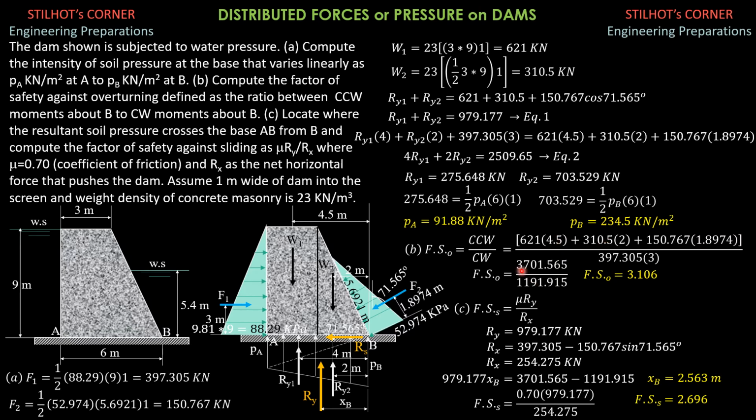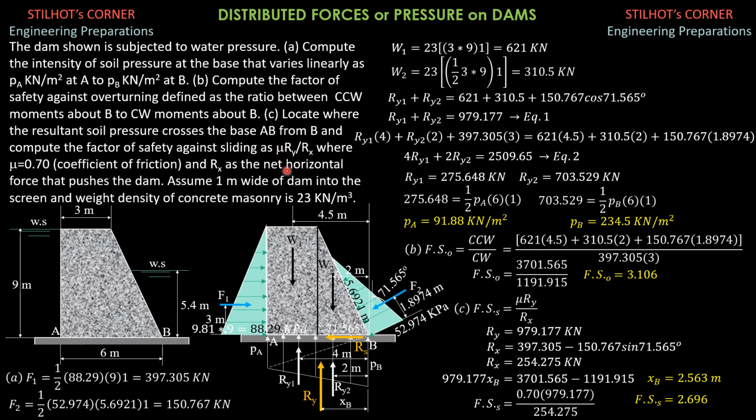Simplifying, the numerator is 3701.565 kilonewton-meters, the counterclockwise moment, or we call this righting moment, and the overturning moment, in the denominator, is 1191.915. Computing the factor of safety against overturning gives 3.106. That is greater than 1, so that's it. That is for part B.